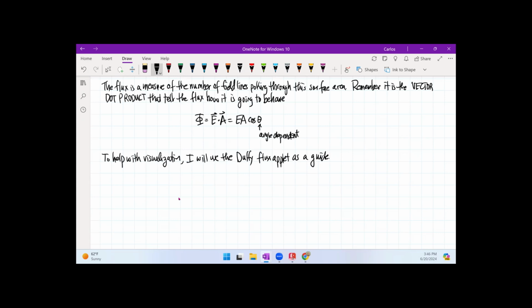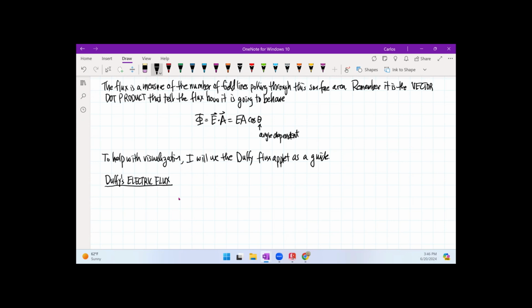So here I go. So this is Duffy's electric flux. And anything that I use here, like this in lecture, you know that it's in the lecture page so that you can go and do this.